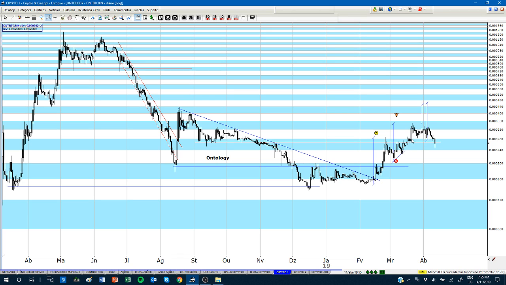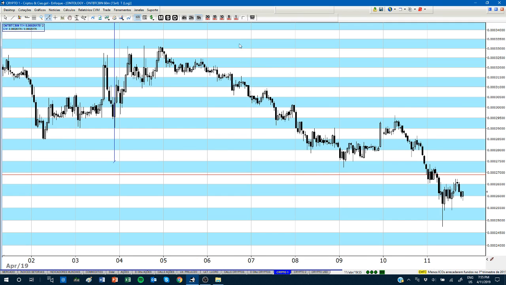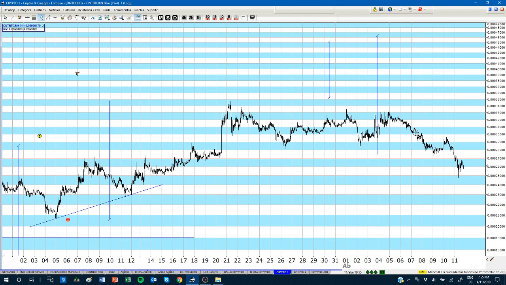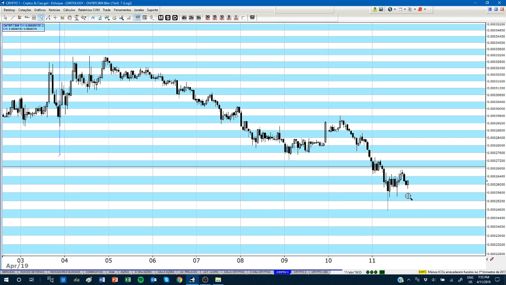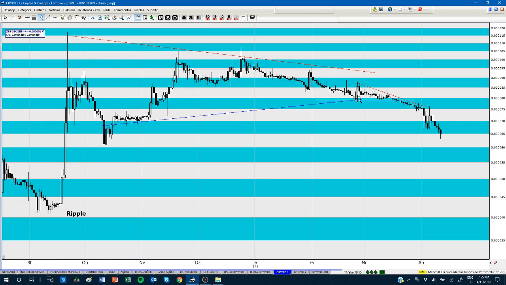So same, unless it gives us a hammer today, this is bearish. But if it does give us a hammer today in the close, that would be bullish because it would have given us a bear trap in the support level. Doesn't look like it, because that looks like a downward flag. So I wouldn't touch Ontology.